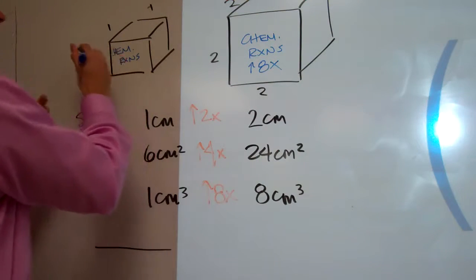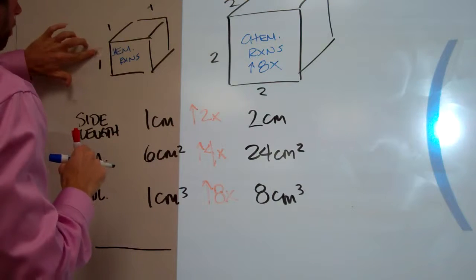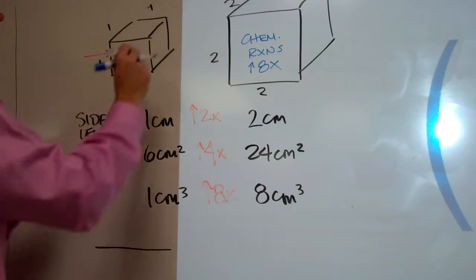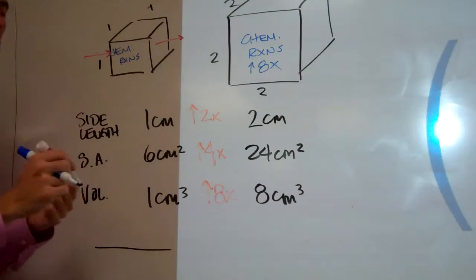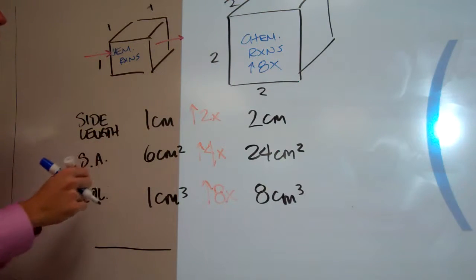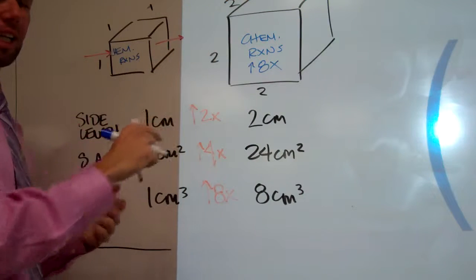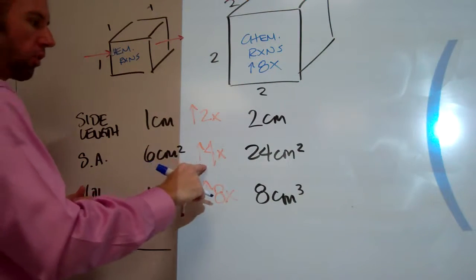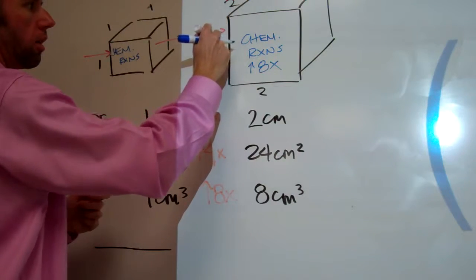So if this cell was bringing in 1 unit of substance to do chemical reactions and getting rid of 1 unit of waste from those chemical reactions, this one's going to need 8 times that amount. Its surface area, though, has only increased 4 times.